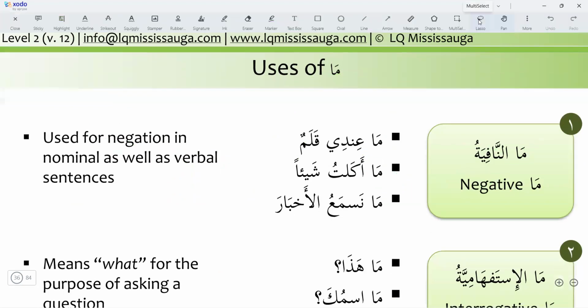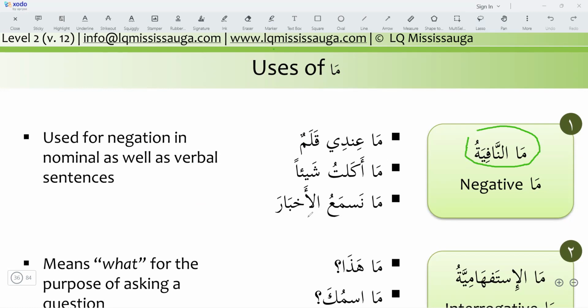Now we will learn about the uses of ma. Ma has many kinds. First is ma nafia, negative ma. Ma indi kalamun. Ma akaltu shay'an.